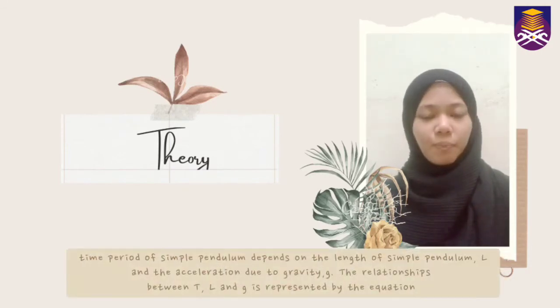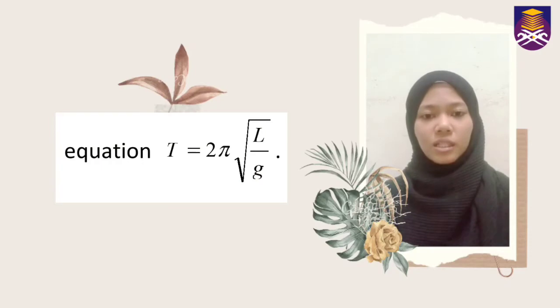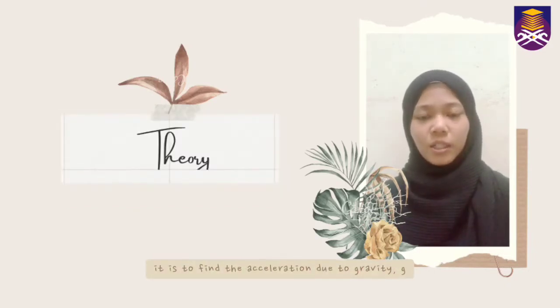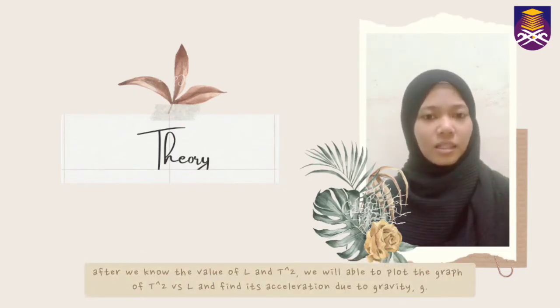The time period of a simple pendulum depends on the length of the simple pendulum, L, and the acceleration due to gravity, G. The relationship between T, L, and G is represented by the equation T equals 2 pi square root of L divided by G. It is used to find the acceleration due to gravity G. After we know the value of L and T squared, we will be able to plot the graph of T squared versus L and find its acceleration due to gravity.